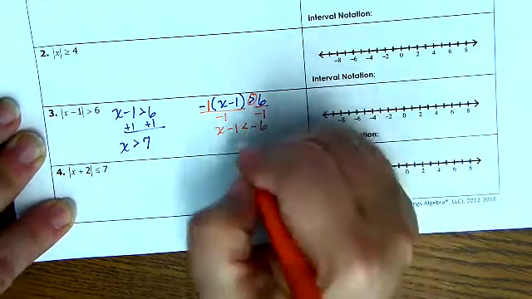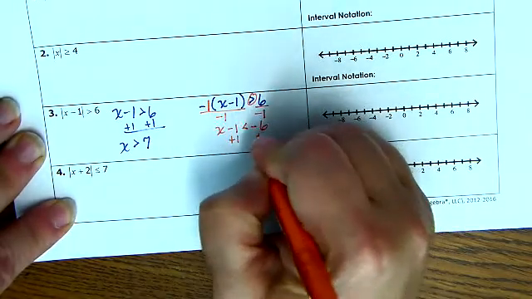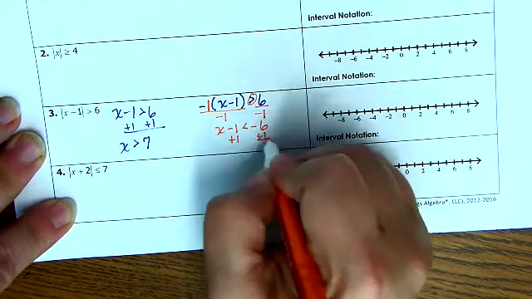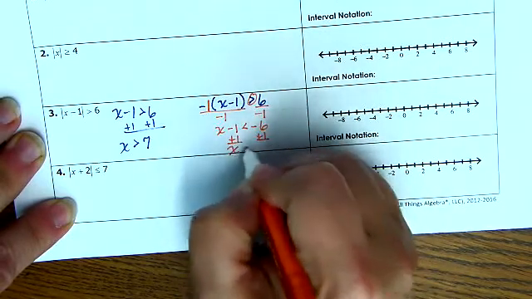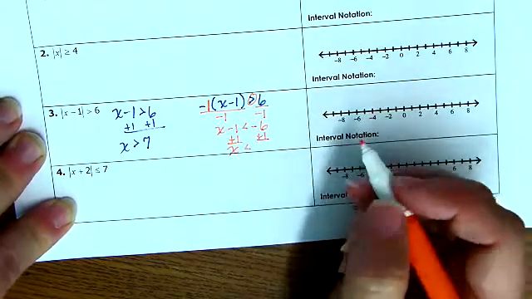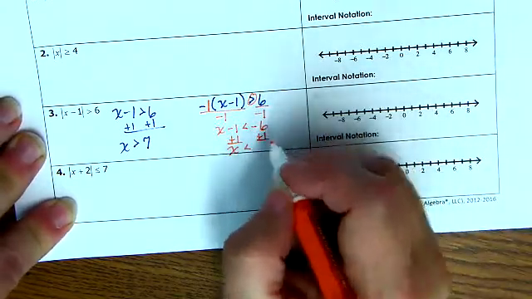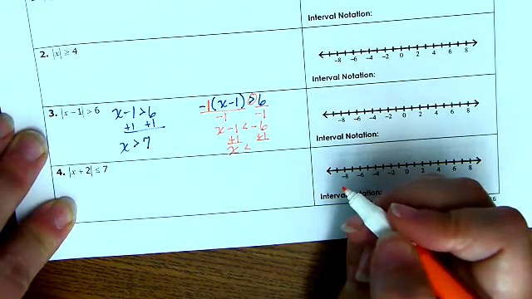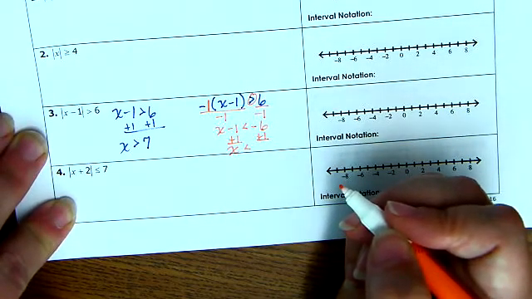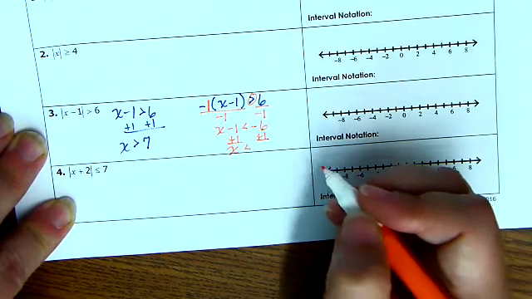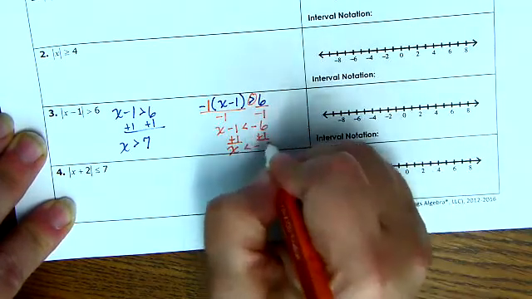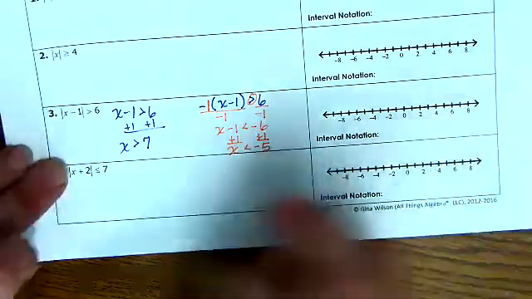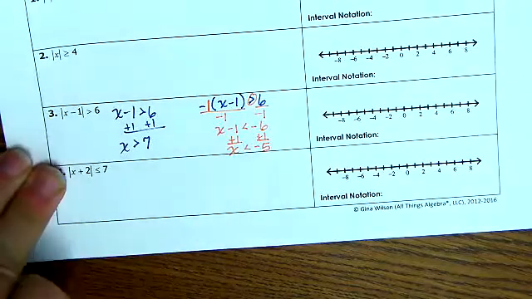And now I continue to solve. So I add 1 to both sides. So I end up with x is less than -5. Can't do my math in my head here.